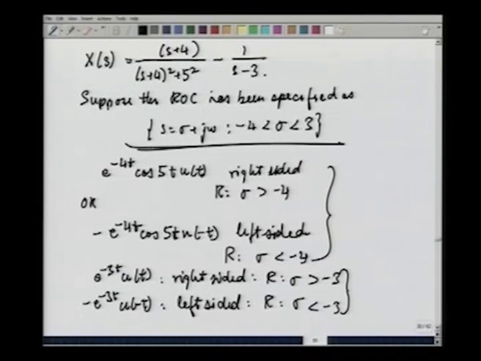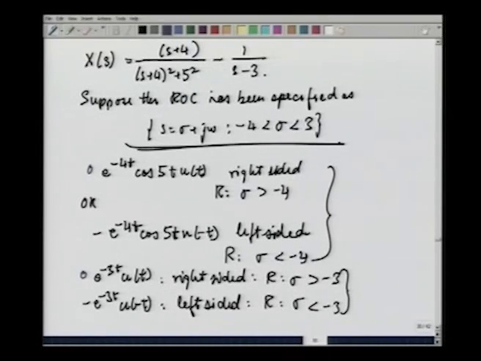The first case is to take the first one of this with the first one of this, and if we did that, we would have an ROC with sigma greater than minus 4, and sigma also greater than 3. So, we would get a right sided ROC because both functions are right sided. So, we expect a rightward ROC, and that is what happens. That would be the first case, but that does not agree with the ROC we have been given.